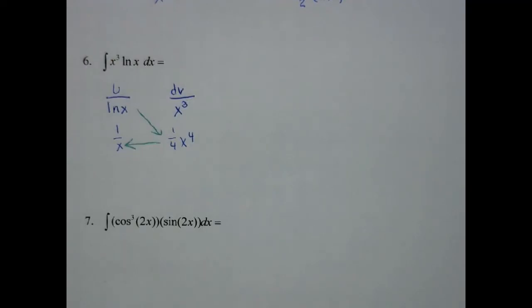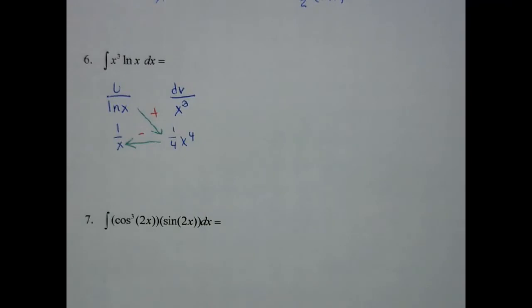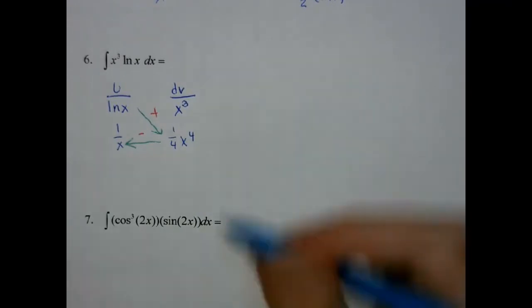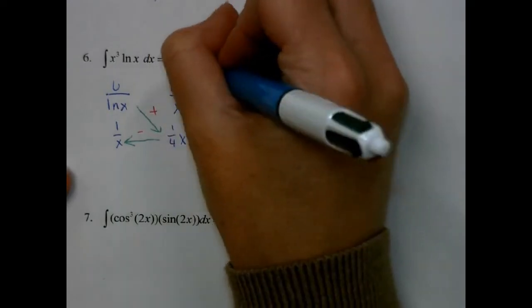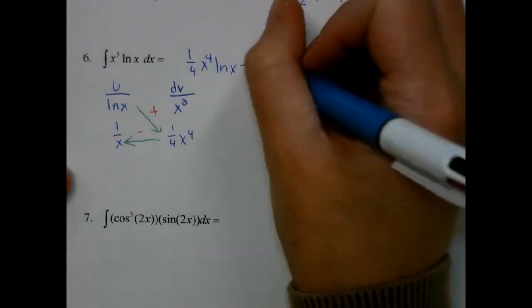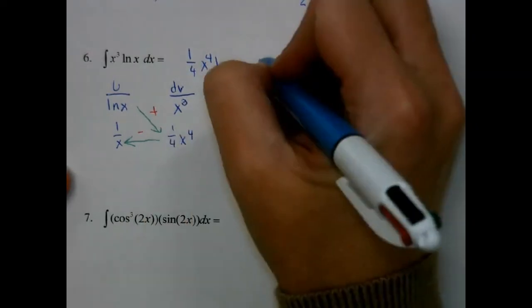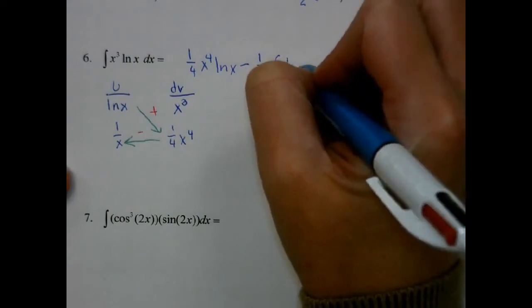So this is plus and minus. So this is going to be 1/4 x to the 4th times the natural log of x minus, I'm going to pull the 1/4 out, the integral of 1 over x times x to the 4th.